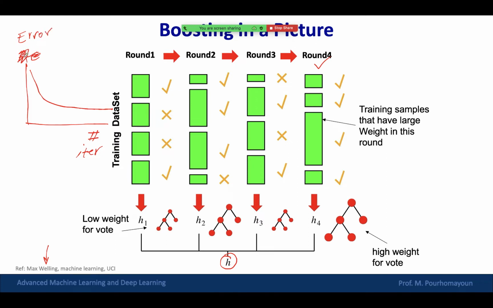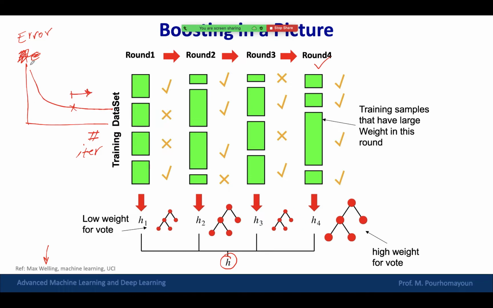So the error goes down when you increase the number of iterations, or training more and more. But at some degree, you see that, for example, after here, it's almost constant, so it doesn't change anything.